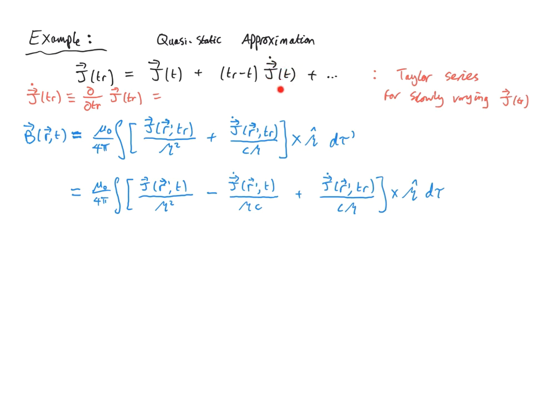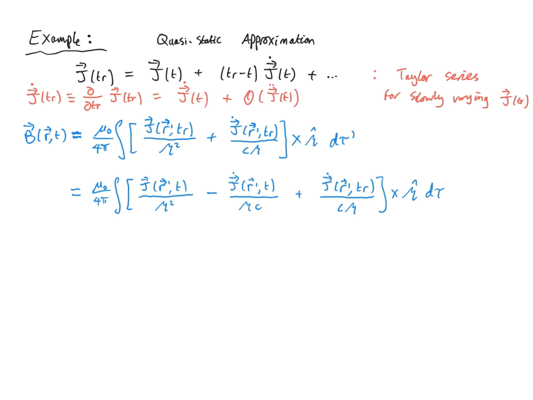Again, that's constant in terms of retarded time, but we do have this factor of the retarded time sitting out the front here. So when I take the time derivative with respect to this term, I'm actually just going to pick up a factor of J vector dot at time t, and there will be higher order terms, but they're of order J double dot of t, and I'm going to neglect those because we're talking about a slowly varying current.